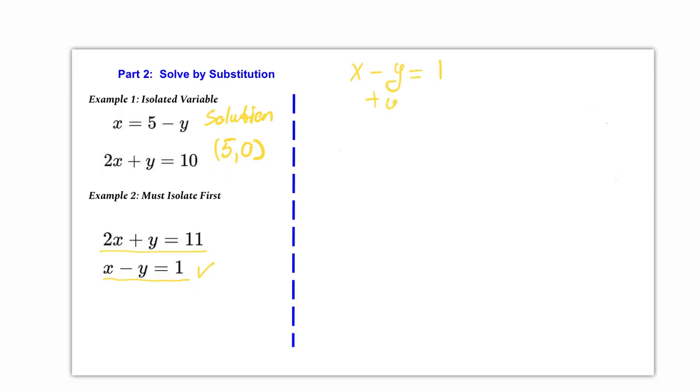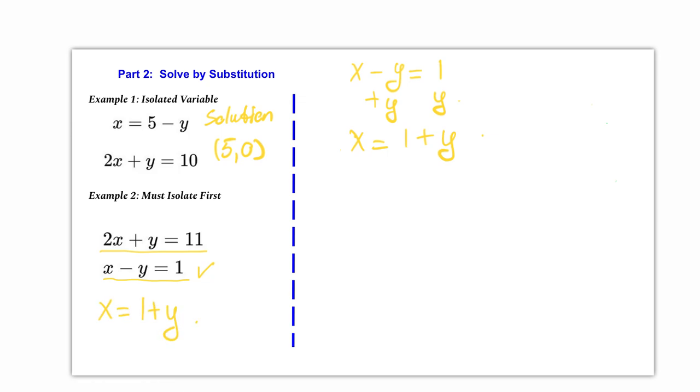That means adding y to both sides, and then rewriting the equation as x equals 1 plus y, and that's it.